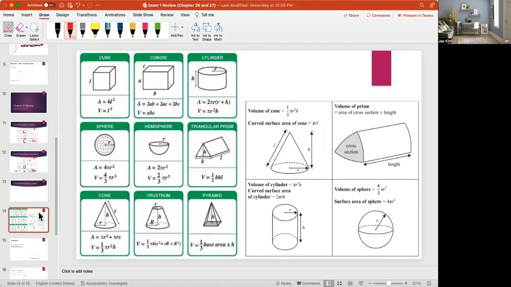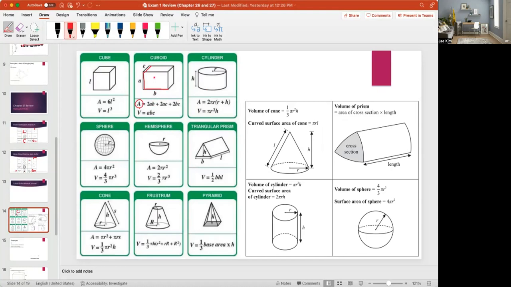Now let's talk about 3D shapes, volume, and surface areas. Let's begin with cuboid. For volume, it's A times B, and then multiply by C. Now let's talk about total surface area.